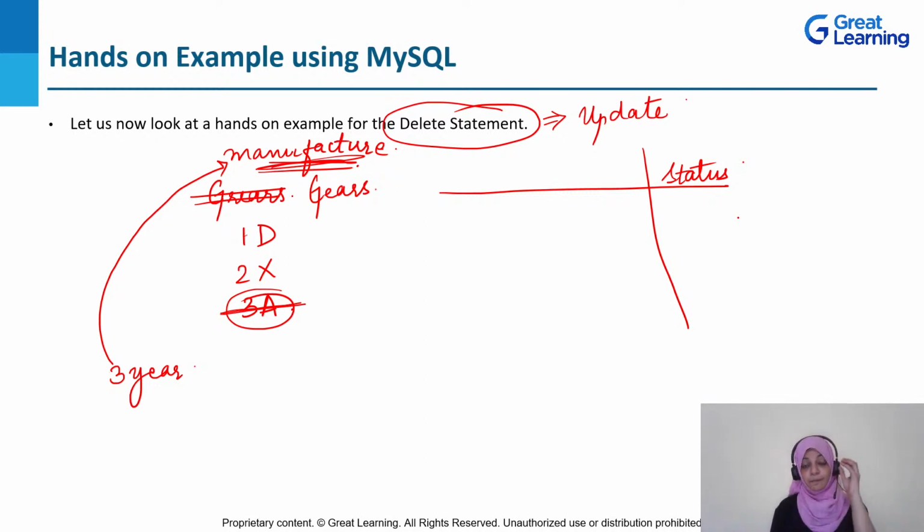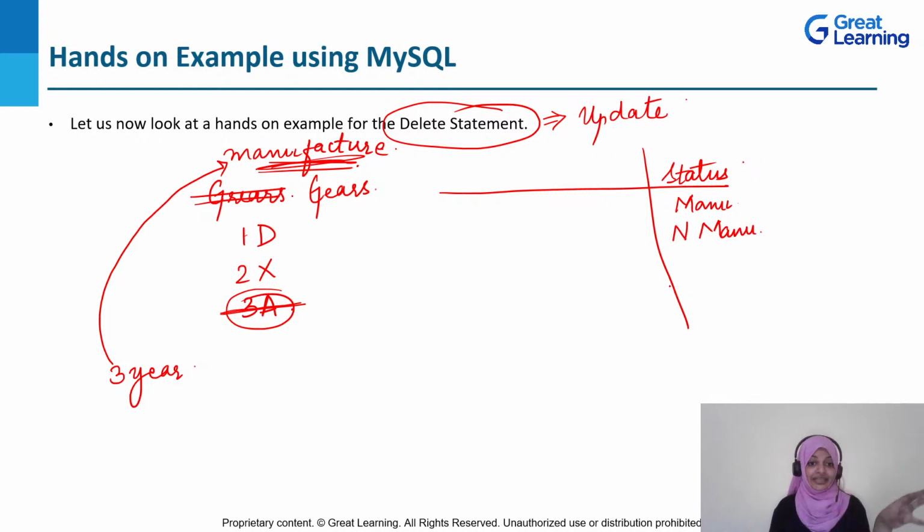But the basic meaning of the data remains the same. What does the status record do? It actually defines whether or not a particular gear is actively being manufactured or not being manufactured.